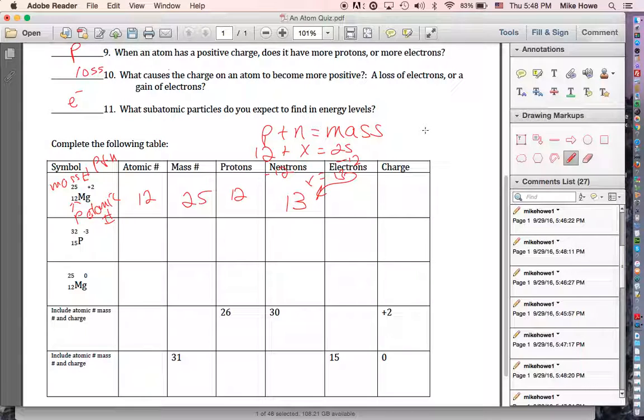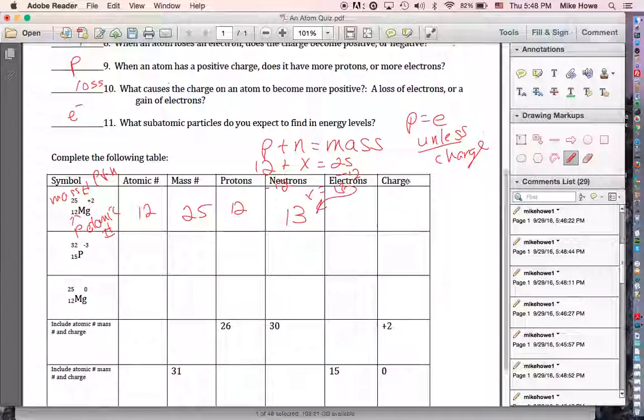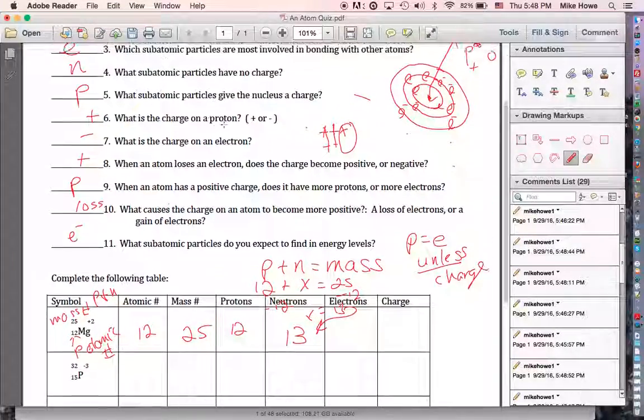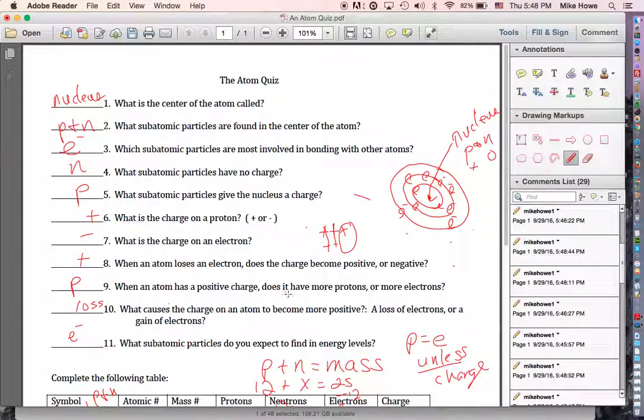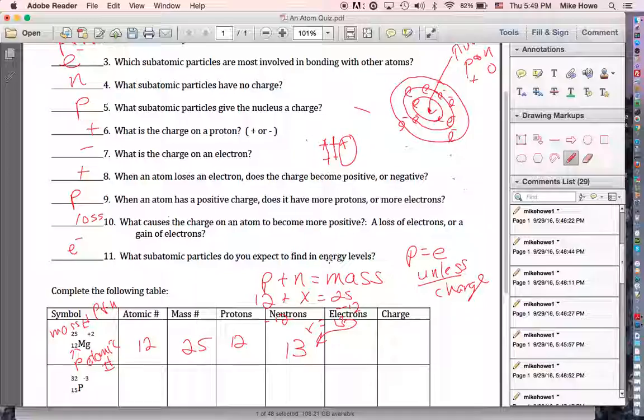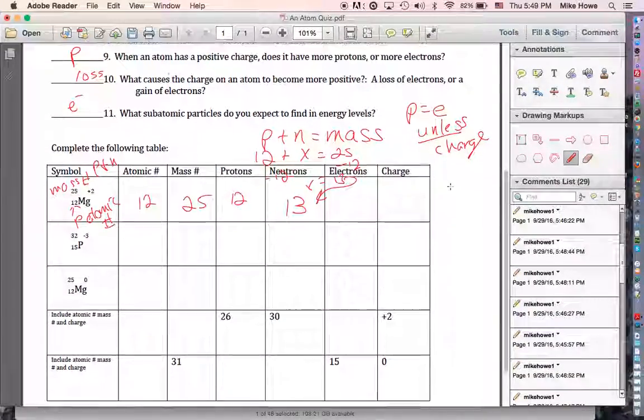Now, another thing that we've said in class is the protons equal the electrons, because atoms are neutral, unless there is a charge. Okay, now if there's a charge, we already said up above, remember up here, when you lose electrons, you're positive, and when you're gaining electrons, you're negative.